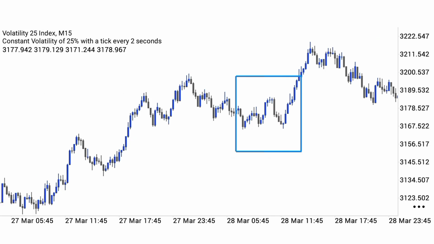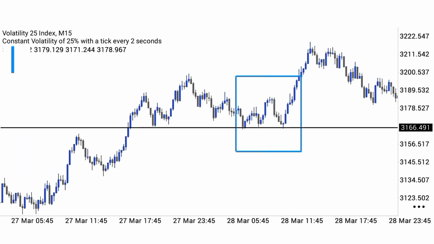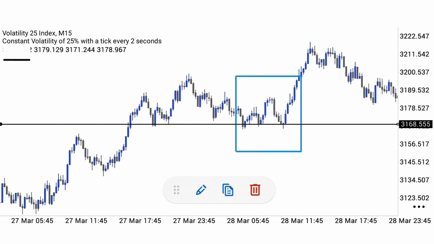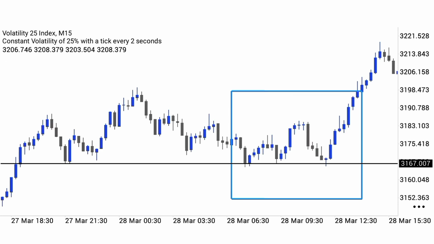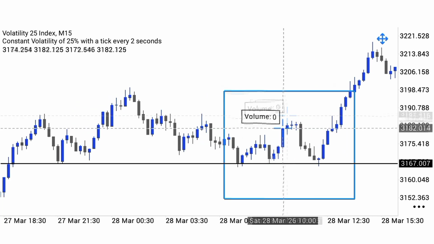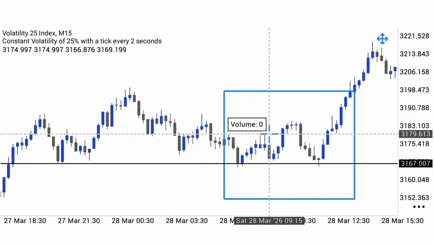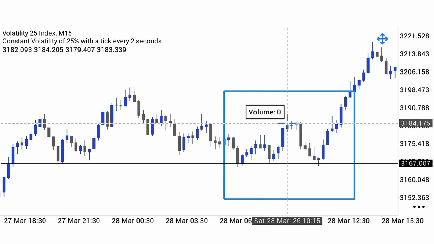So for something like this, what you do is that you draw a line at the low. Right here we have the low of this new uptrend formation.